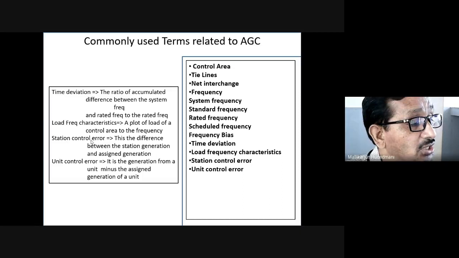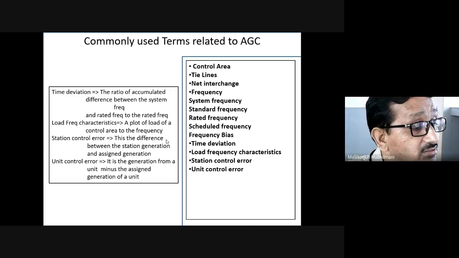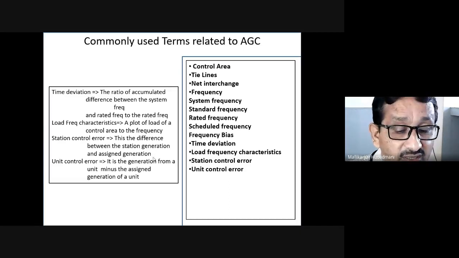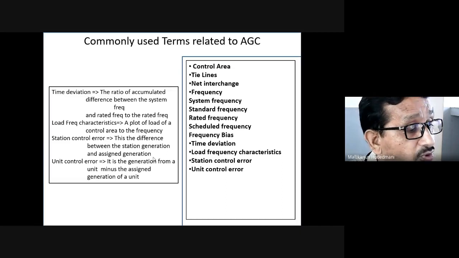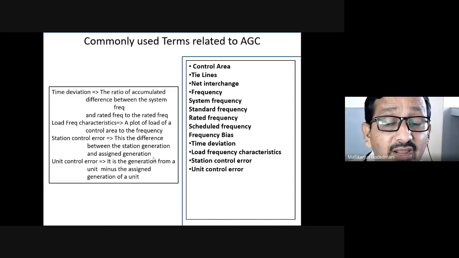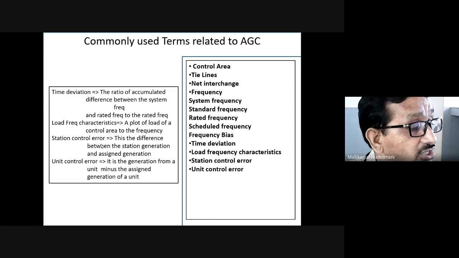Then we have station control error. Station control error is the difference between station generation and assigned generation. If a certain station is assigned X megawatt, but right now its output is giving you Y megawatt, then the difference between these two is called station control error.